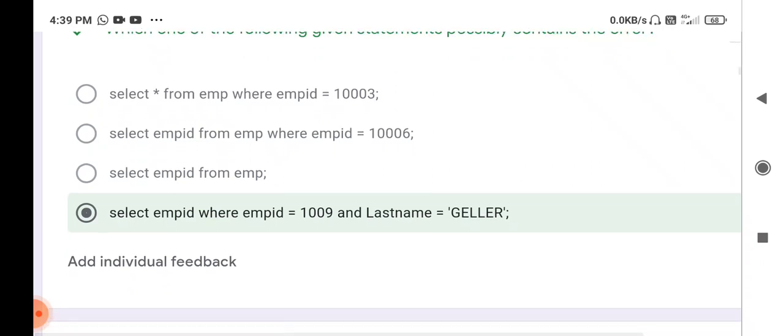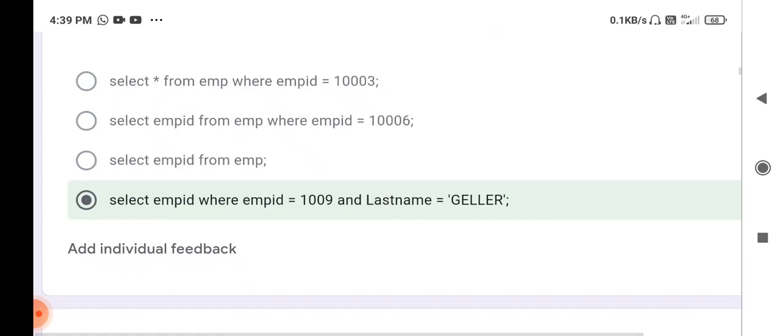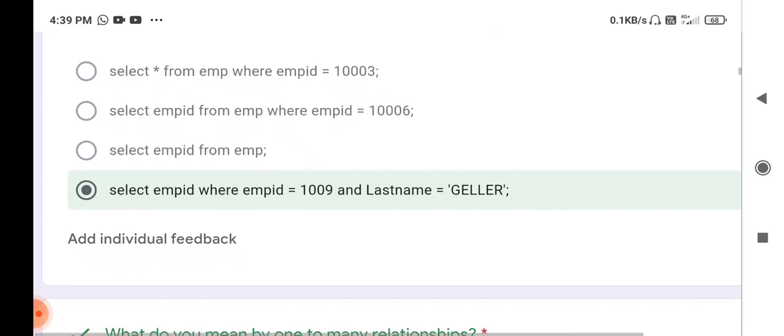The next option is select employee ID from employee. Here the table name is mentioned and the column name is also mentioned, so it selects the particular column from that table, that is employee ID from employee.